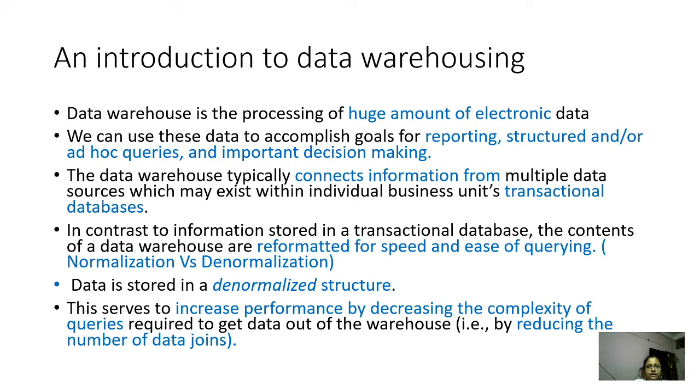Those data sources may exist within individual business units' transactional databases. What it means is, suppose we are going to create one data warehouse for a particular organization, and that organization deals with different subject areas. They have their individual departments.